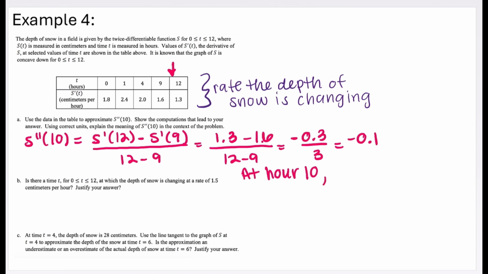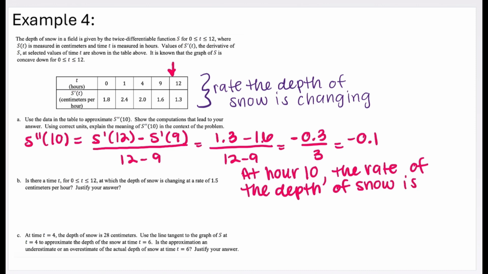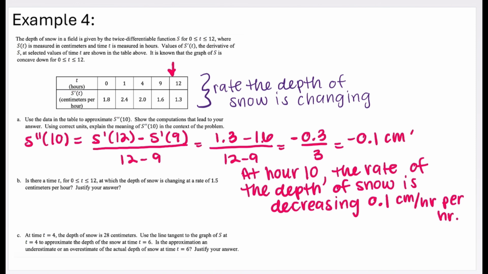So at hour 10, the rate of the depth of snow is decreasing 0.1 centimeters per hour per hour. And I'm going to put that up here, centimeters per hour or per hour squared.